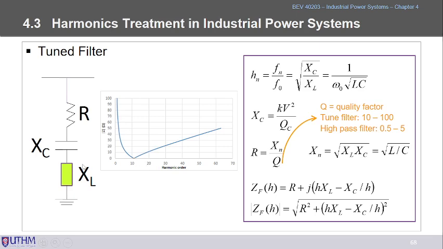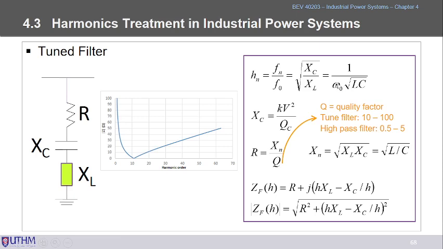Okay, how to calculate or design this is pretty simple. This is the harmonic order: the frequency of the harmonic divided by the fundamental, let's say 50 hertz here, which is equal to the square root of XC divided by XL. Of course you can leave it as LC only, with the 2 pi f considered, where f is the fundamental frequency.